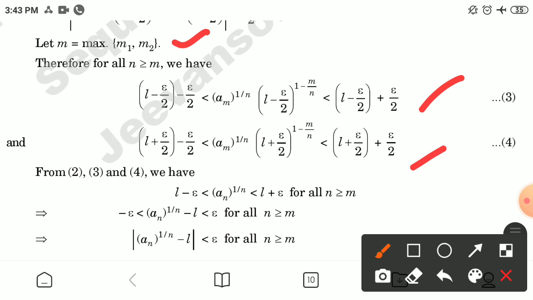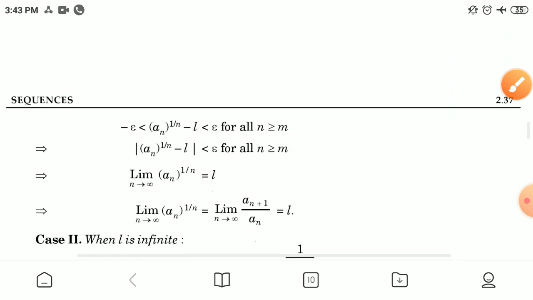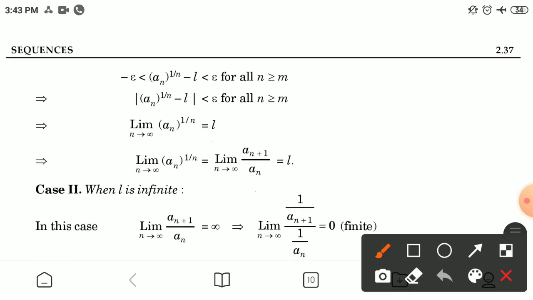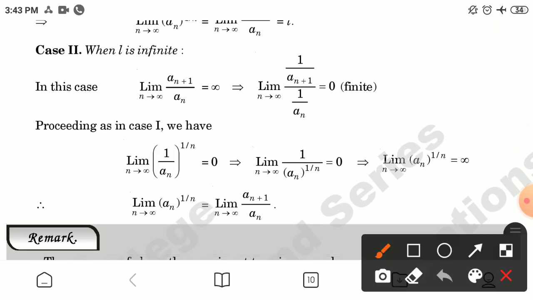Now from second, third and fourth, we have An^(1/n) is between L - epsilon and L + epsilon, or we can say |An^(1/n) - L| is less than epsilon for all n greater than or equal to m. Therefore, the limit is equal to L, that is, both limits are L. Now the second case, when L is infinite.